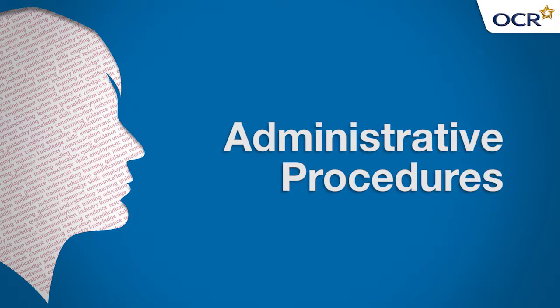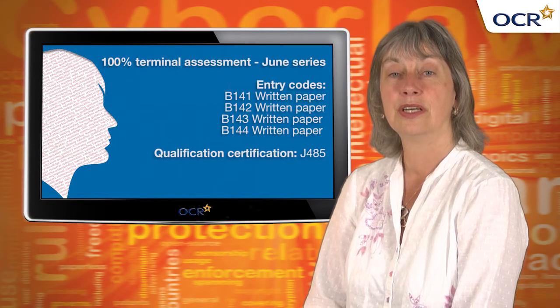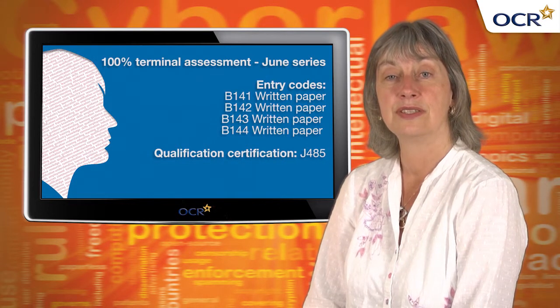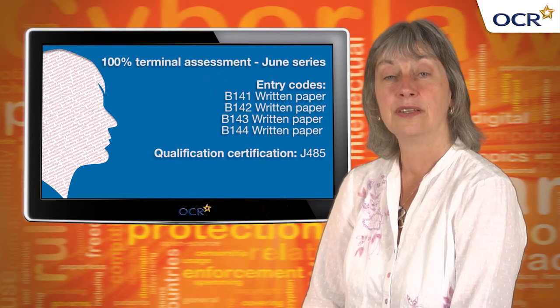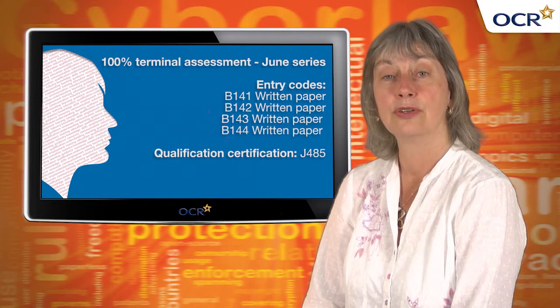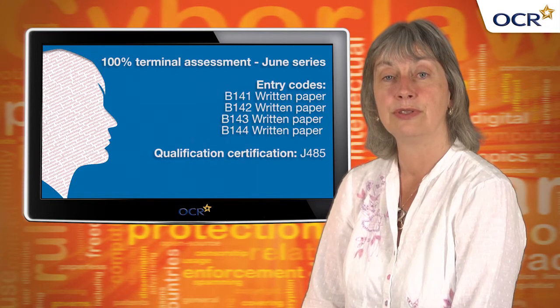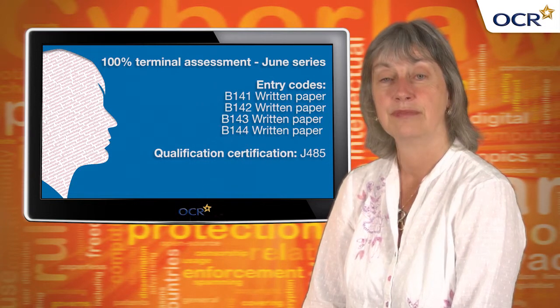From June 2014, 100% of the assessment is terminal. You must enter your candidates for all 4 units in the series in which they want to certificate. There is 1 examination series in June each year, and all units are available. Make sure you use the correct entry codes which are given in the specification.